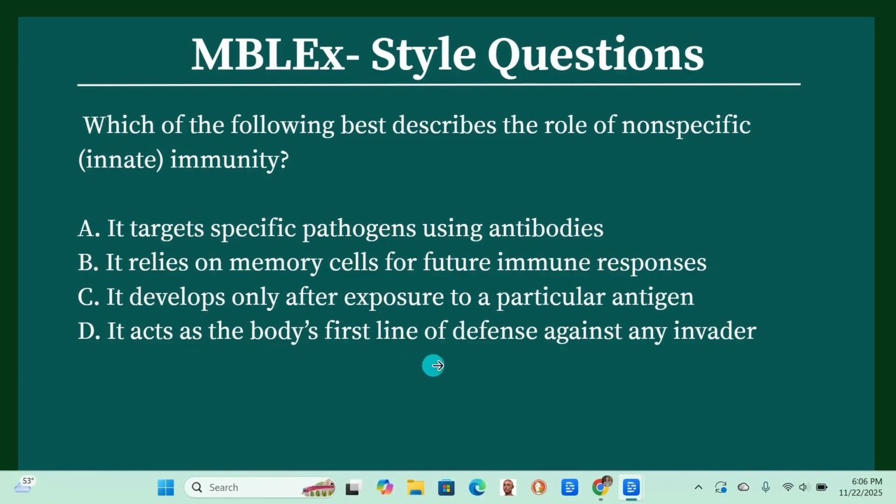The first line of defense is that innate immunity that everyone is born with, and we just have in our bodies no matter what. So I'm going to go with D. It's the first line of defense, because that's the statement that is best for the role of nonspecific immunity, even though all of these things are also true regarding our immune system in general.